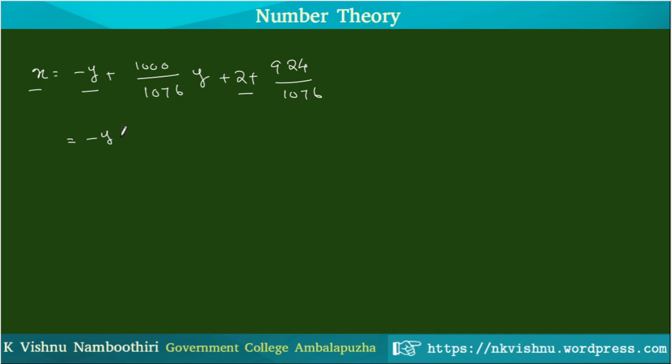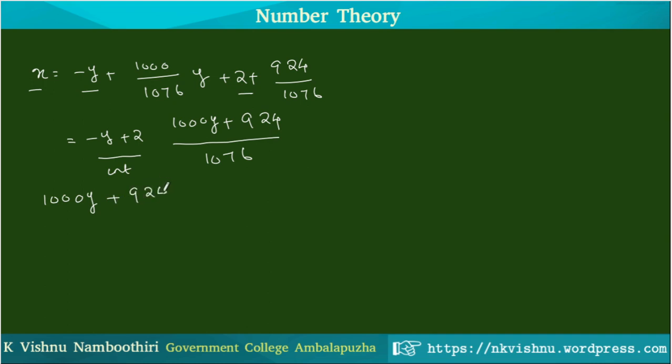I will just club them. Minus y plus 2, 1000y plus 924 by 1076. So this is an integer. This is also an integer, therefore this must be an integer. 1000y plus 924 by 1076 is an integer, and we are going to give it some name.